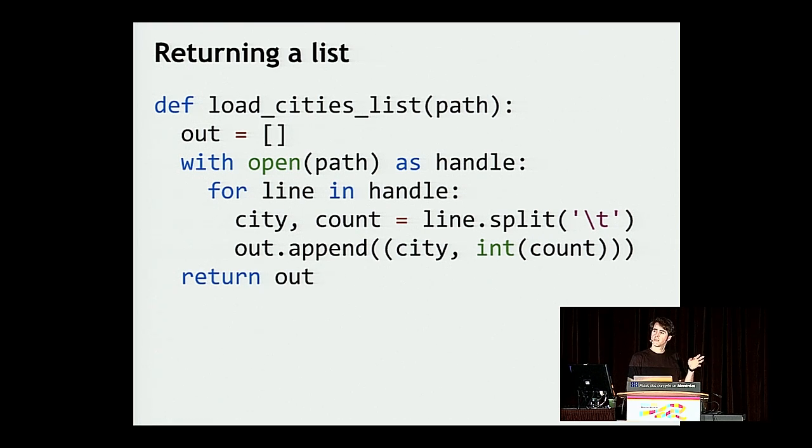It's going to be the city names and the number of people who live there. I'm going to open up the file as a handle and go through every line in the handle. I'm going to split every line by the tab into the name of the city and how many people live in the city. Then I'm going to append that tuple to the output list. And then I'm going to return the output list back to the caller.